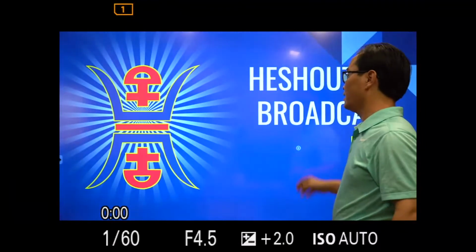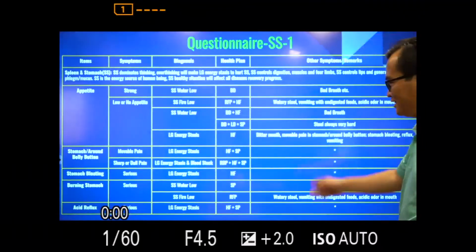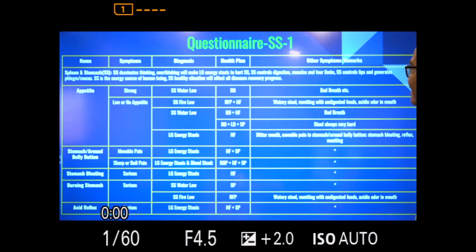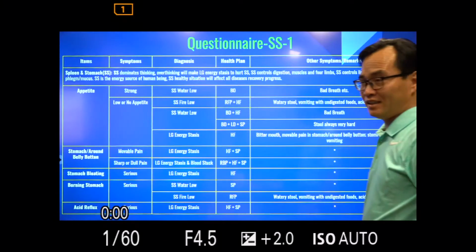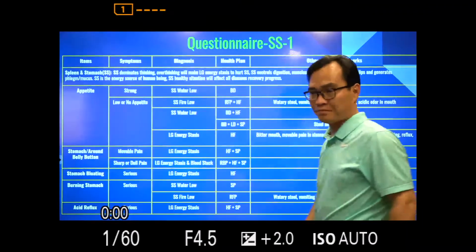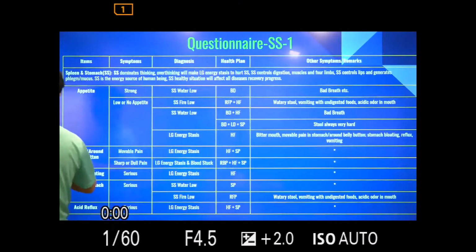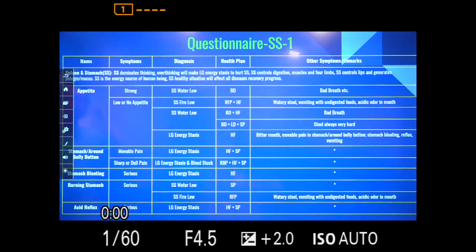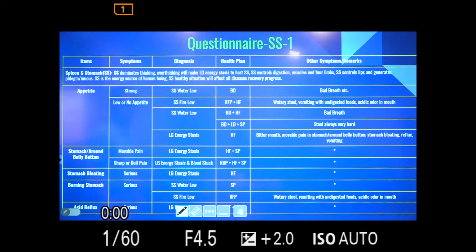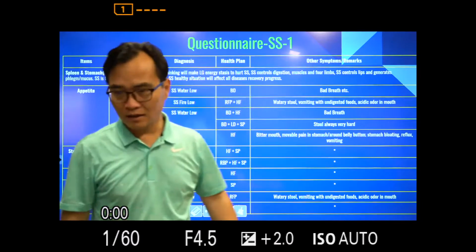the second section. Look, the table is here. Second section, it is the SS system. Can you read it or no? Can you read it? Let me see.